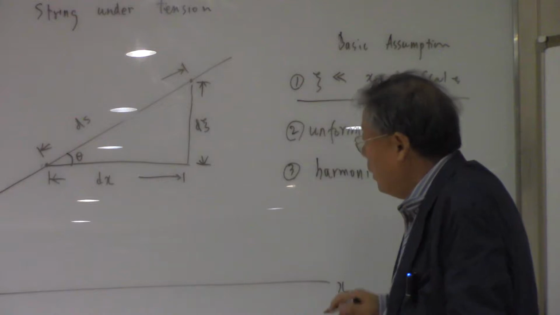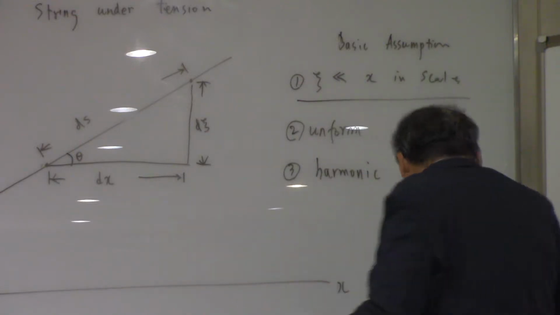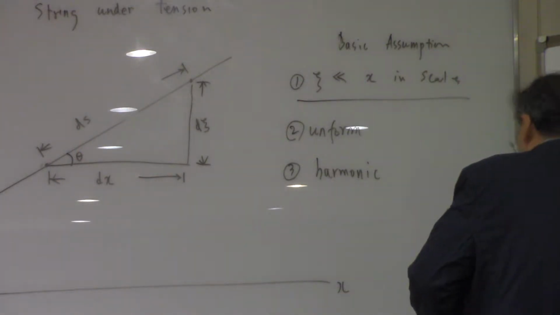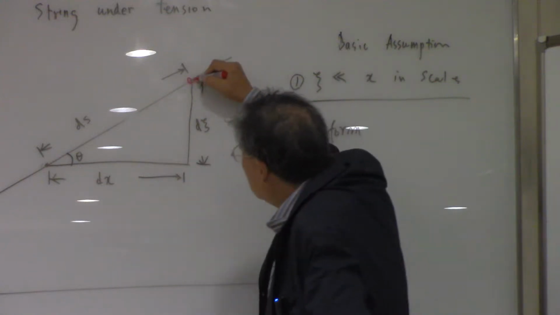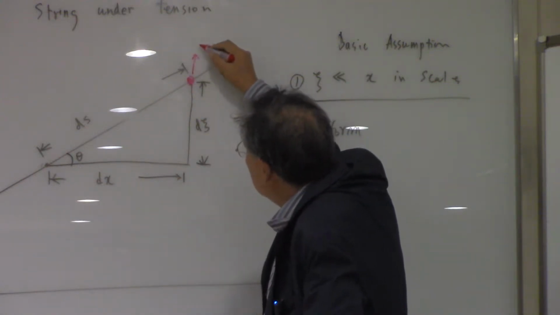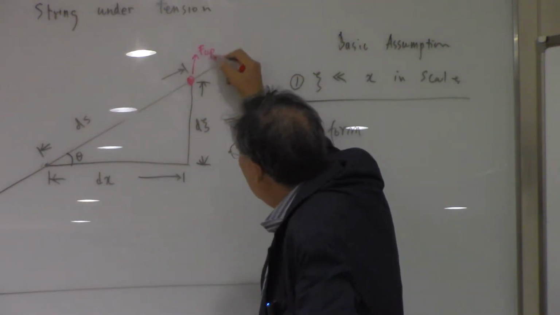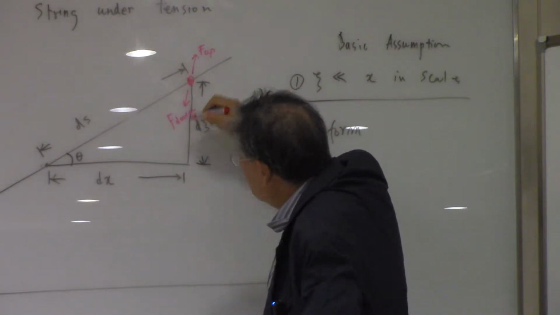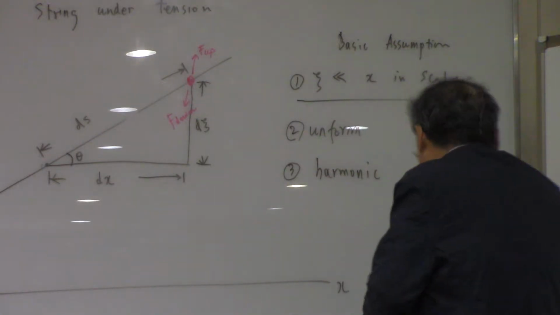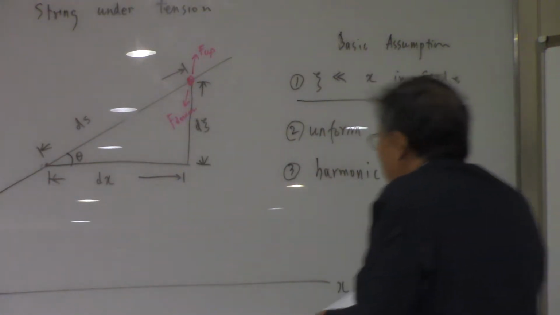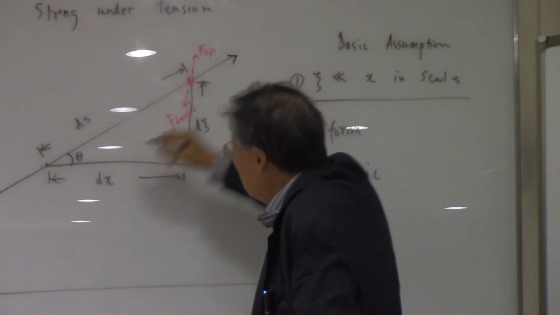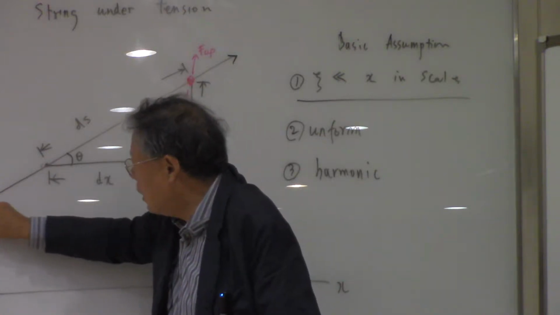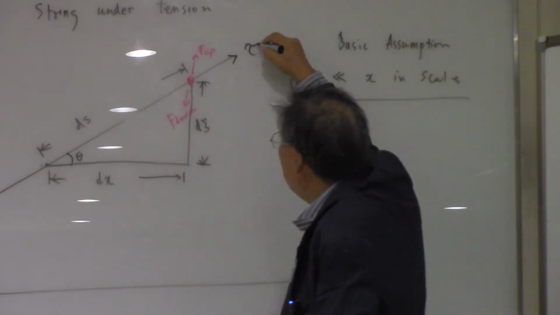Then what we're going to calculate here is that we're going to calculate at this point the force up and force down, okay? And this force up and down comes from the fact that it has been tensioned with a tower at both ends.